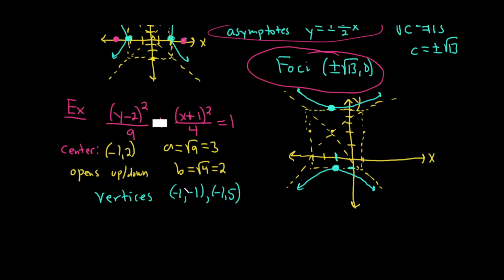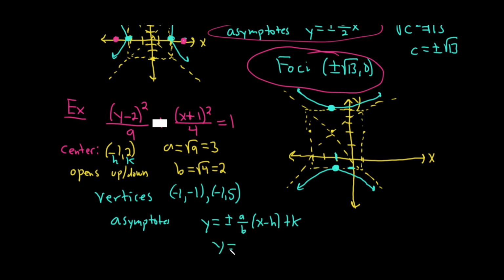I guess we can find the asymptotes now as well. Let's go ahead and do that. Asymptotes. The formula here was y equals plus or minus a over b, parentheses x minus h, plus k. Really funky, right? And that's your h and that's your k.